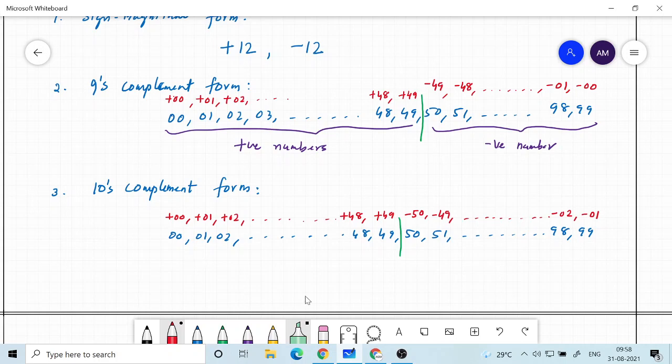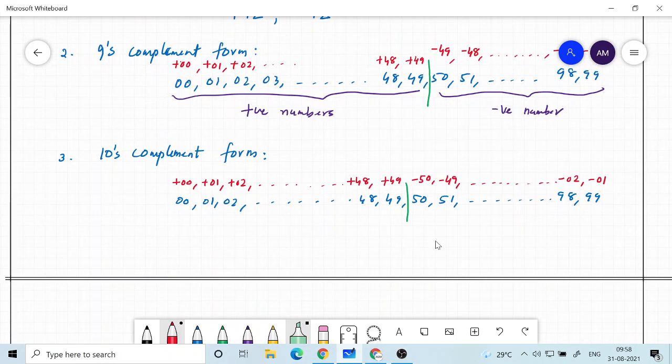Okay, so that's another alternate way you can look at it, if you compare it with the number line. If you extend the number line here to the left, you have minus 1, then minus 2, etc., and it goes to minus 49, minus 50.